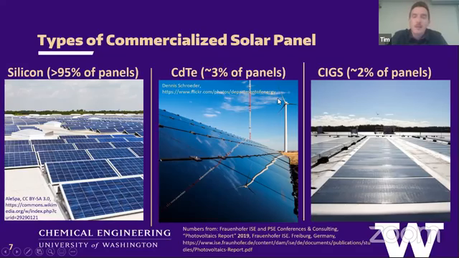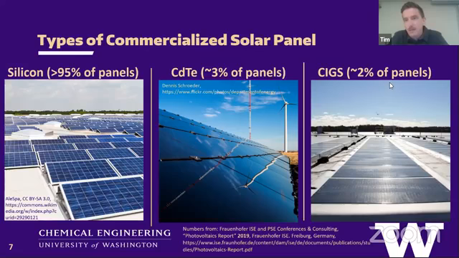However, it only contributes to about 3% of all panels worldwide because there's only a single company in the entire world, First Solar out of Colorado, that knows how to make cadmium telluride solar cells efficiently. And so because of this inherent supply limitation, you don't see much cadmium telluride in the world.